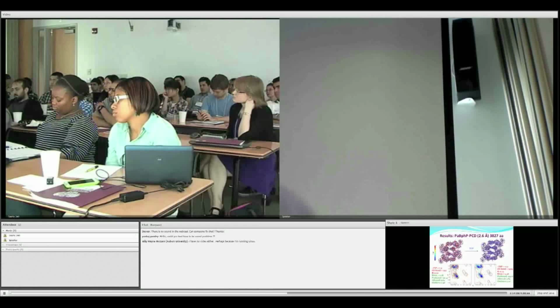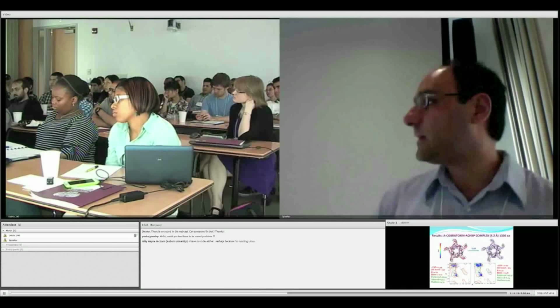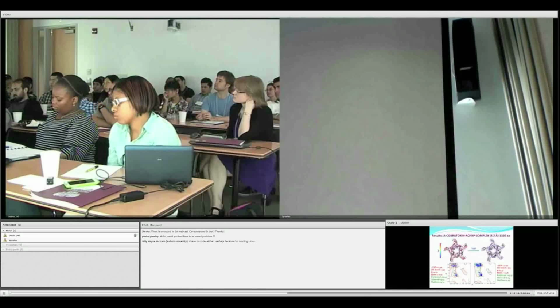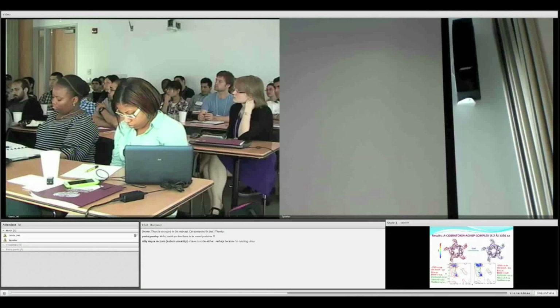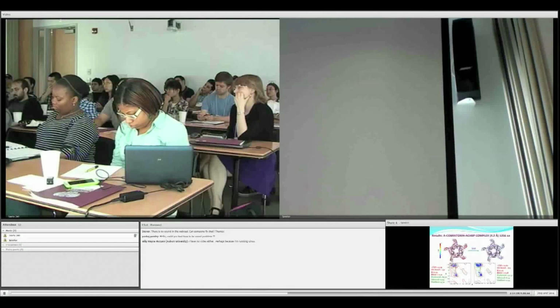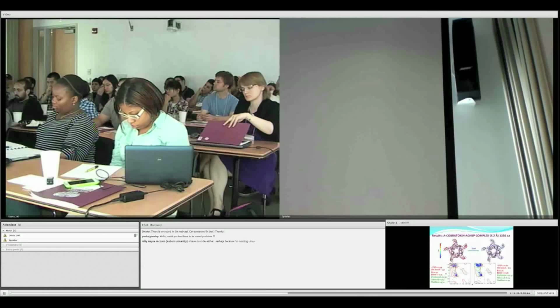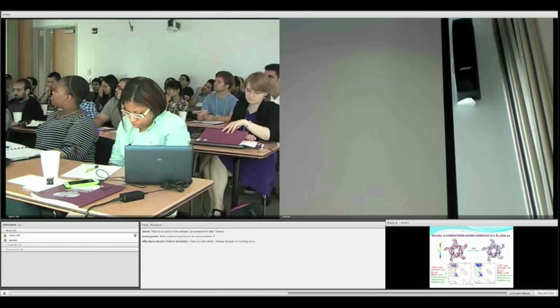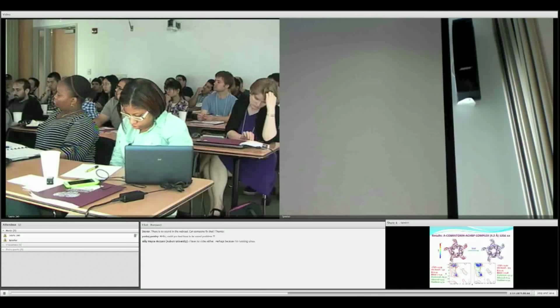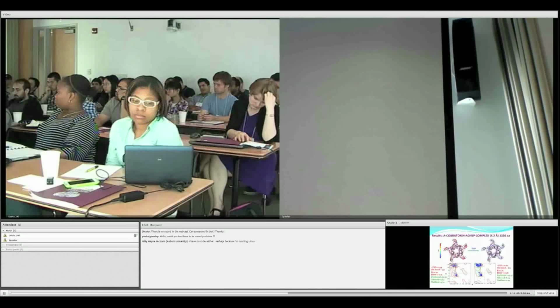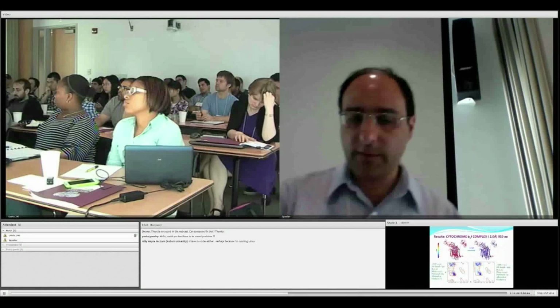When you want to build a structure, you put 5 to 10% of your data aside, build your structure based on the rest of the data, and then check how well that 5% will fit into the density. That's a very important measure, and we always improve that. You can see that it's about 2% lower than the starting value.